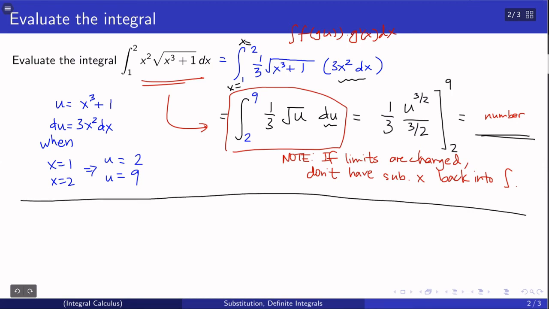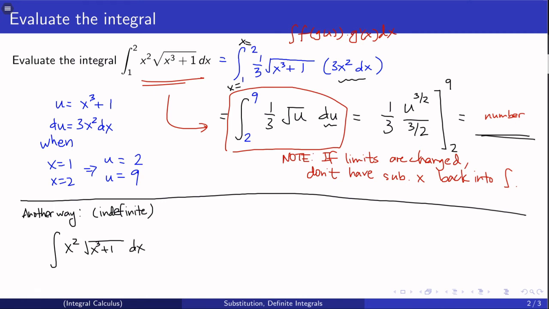Now, I just want to talk about another way of approaching this problem, which is to look at the indefinite integral first, which is basically the same thing. So it's x squared times square root of x cubed plus 1 dx. Without the bounds 1 and 2, you get the same integral after you make the same substitution, u equals x cubed plus 1, and du equals 3x squared dx.